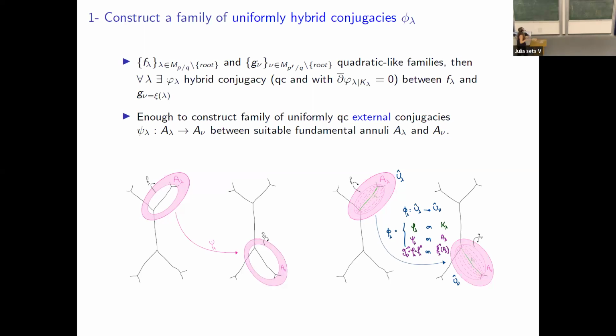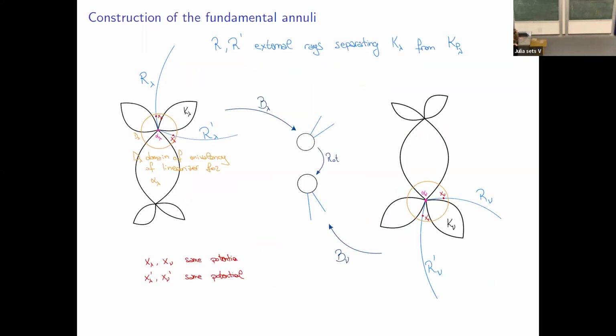So how do we do it? Okay, we start by taking the external rays R lambda and R prime lambda, that separate the little field Julia set of my quadratic polynomial-like map from the rest of the field Julia set.